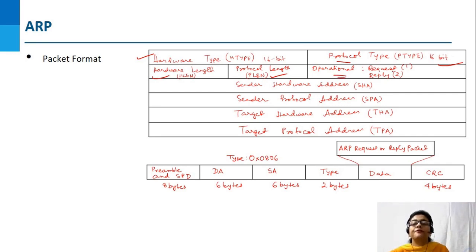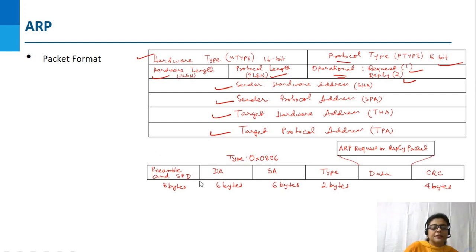This operational field can either be a request type having the value 1, or a reply type having the number 2. Then there is the sender hardware address SHA, then the sender protocol address SPA, then we have the target hardware address THA, then the target protocol address TPA.